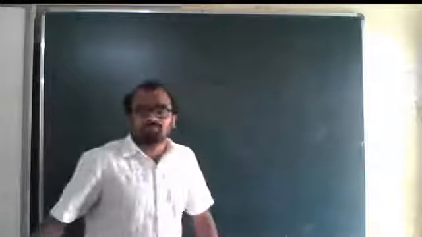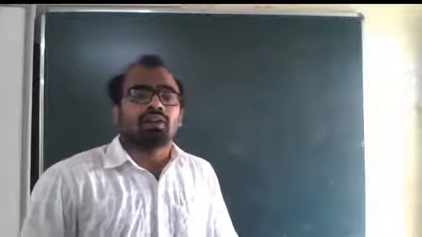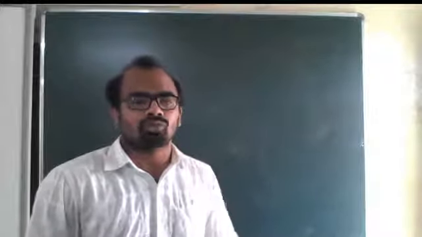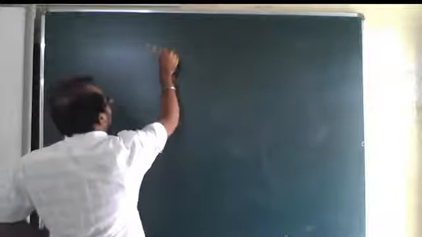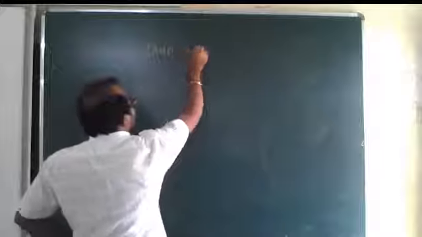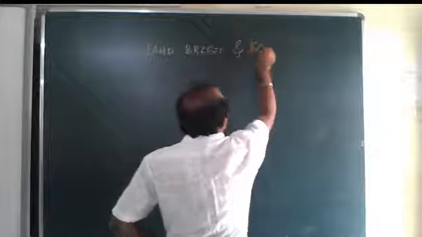Then later we will go for radiation, and if time permits we'll see some of the questions of your exercise also. So here we are going to discuss mainly the convection applications, that means land breeze and sea breeze.